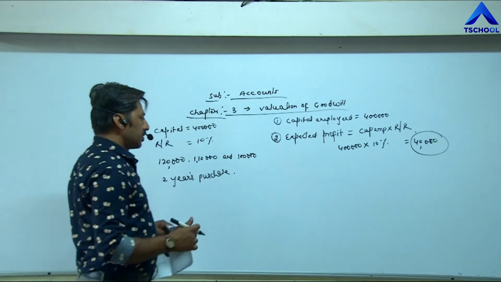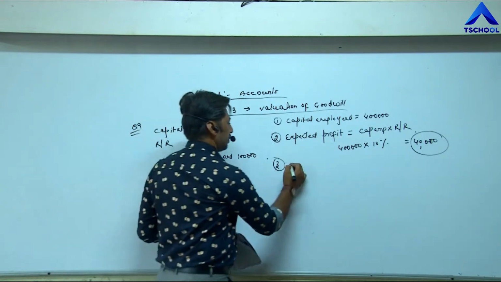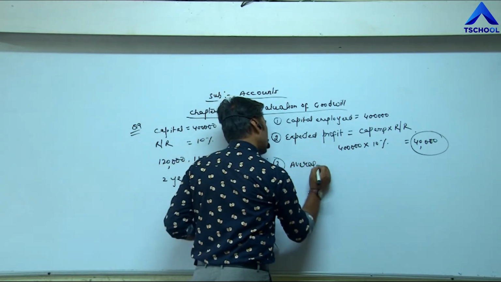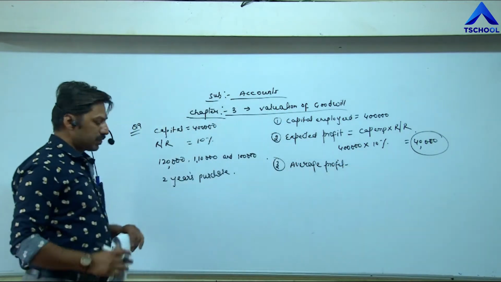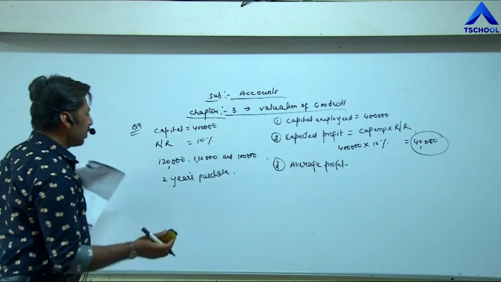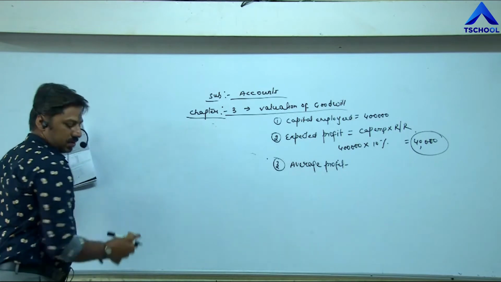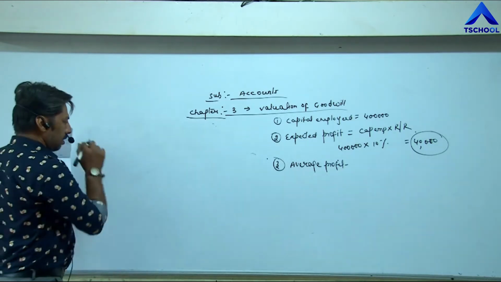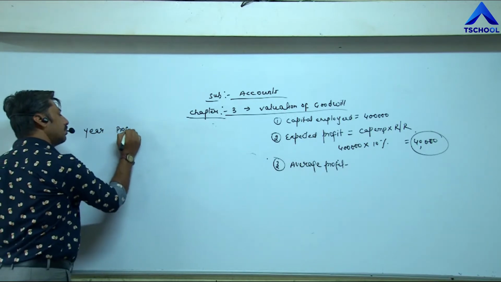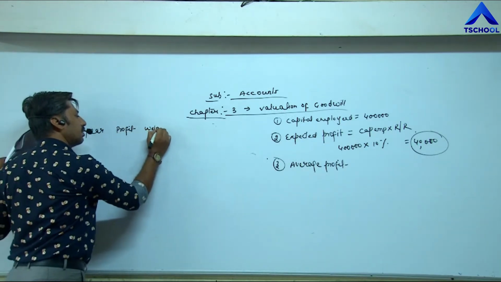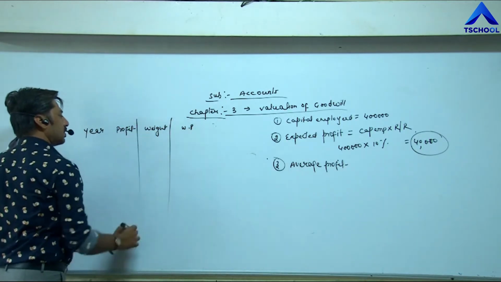Next, third step, we have to find out average profit. Now we have to use weighted average profit method. So go through proper format for weighted average profit method. First of all, year, then profit, then weight, then weighted profit. 4 columns.